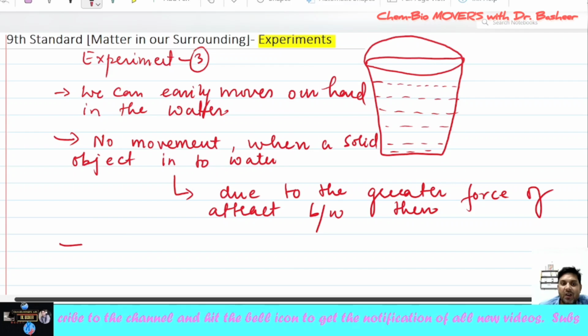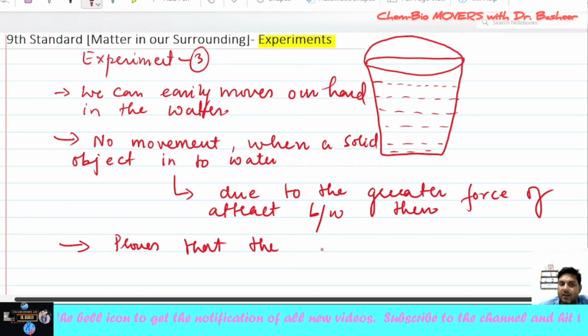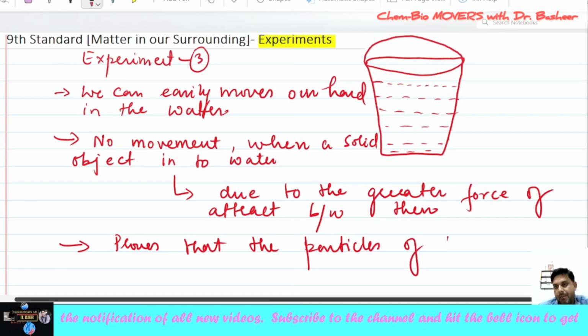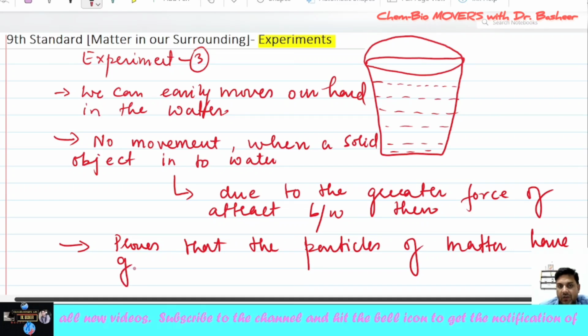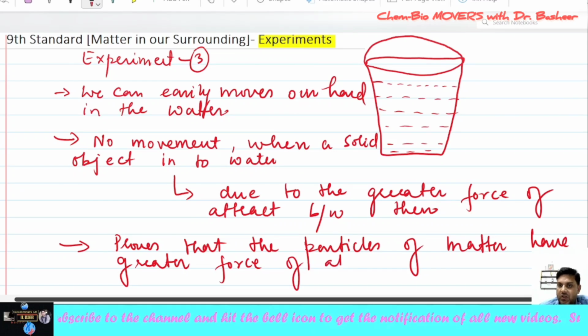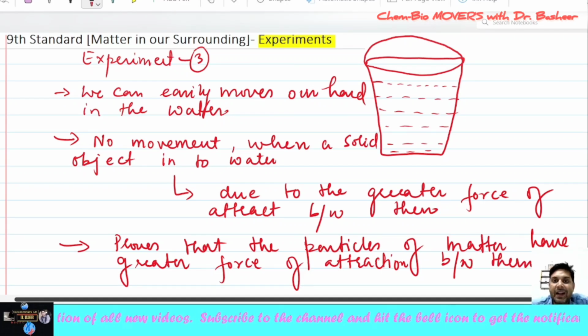Understand? So in this experiment, what we prove is that the particles of matter have greater force of attraction between them. I hope you understand the introduction part, properties of matter, and all the experiments which prove the properties of matter.